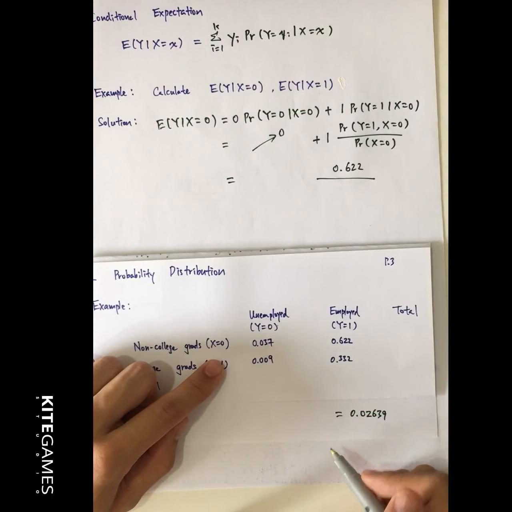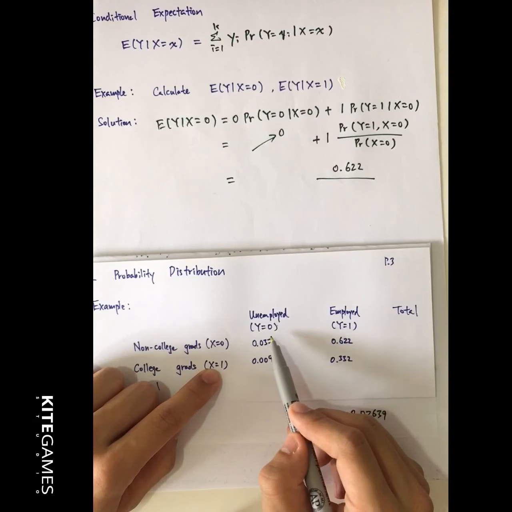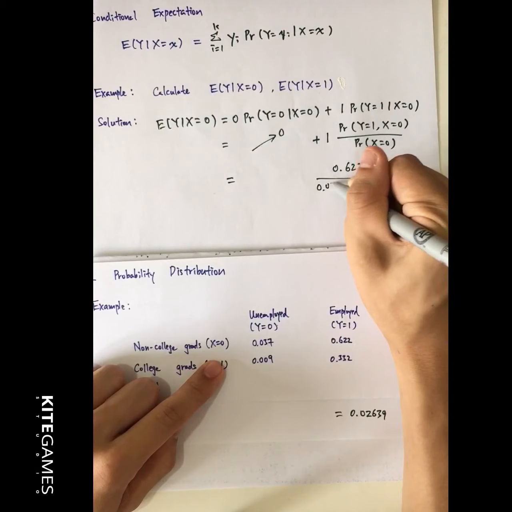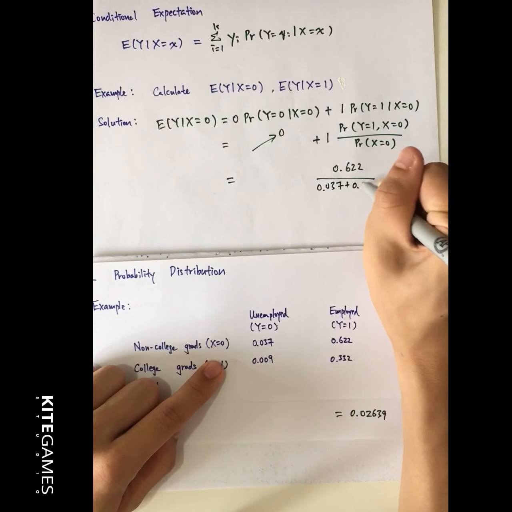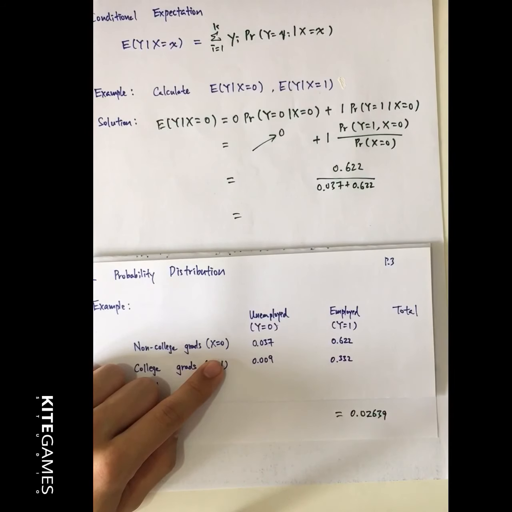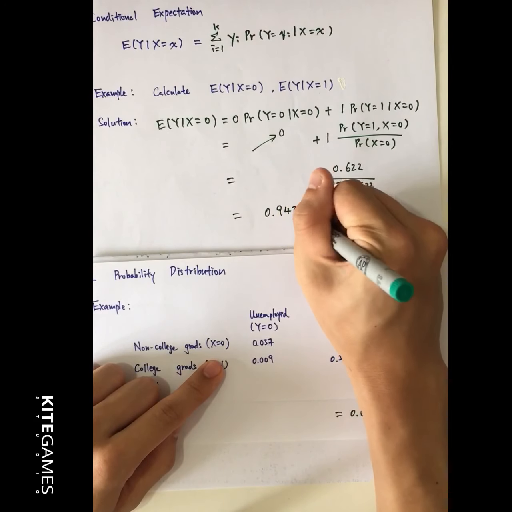The marginal probability is you add up all the values of y equal to 0 and 1 given x equal to 0. This is 0.037 plus 0.622. So at the end, you can find that the expected value of y given x is equal to 0 is 0.94385.